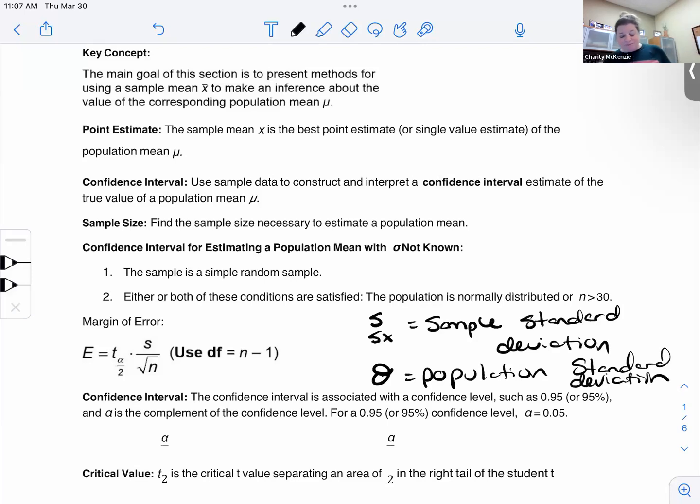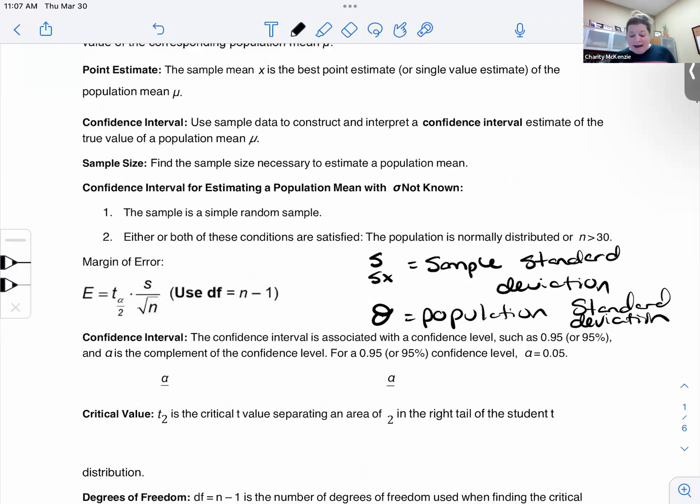Okay, so we talk about this being not known or known. So what does this symbol mean? It means the standard deviation of the population. How often do you have the full population standard deviation? Like hardly ever. So to know this is really rare.